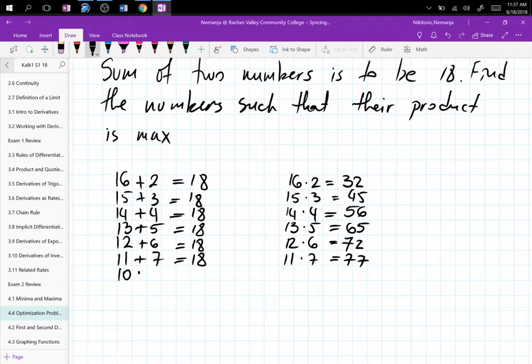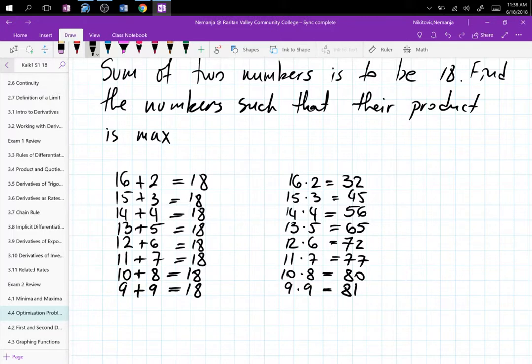All right, 10 times 8, because that's also 18. 80. 9 plus 9 is 18. Well, 9 times 9 is 81. Better, right? All right, next one. 8 plus the... Oh.